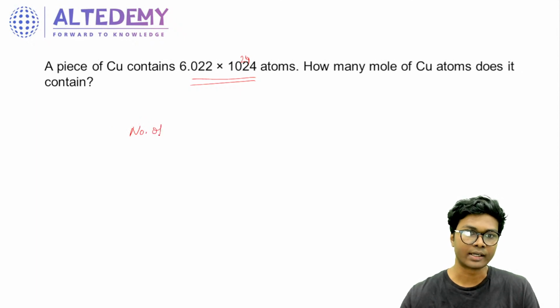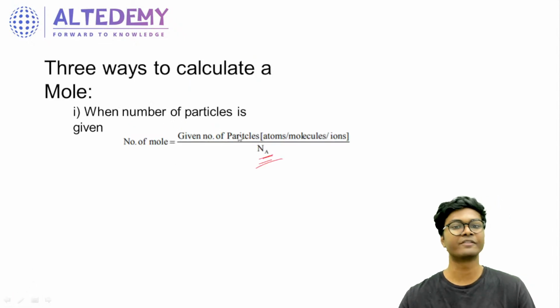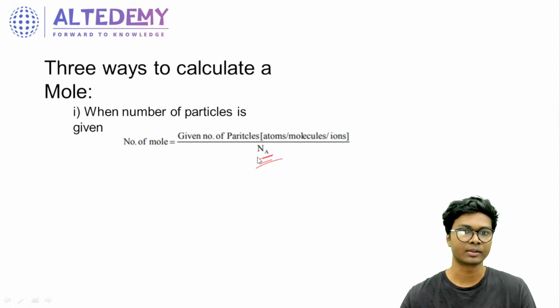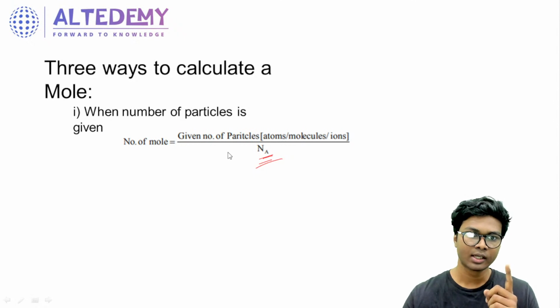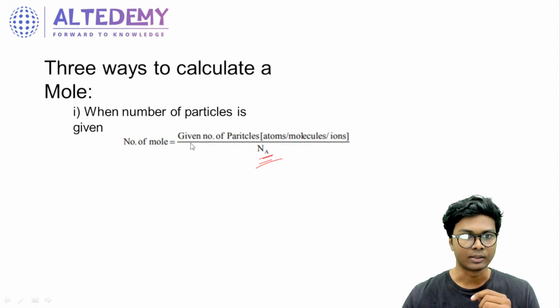So we all know that number of moles is equal to, what did we learn? Number of moles is equal to given number of particles by Avogadro number. Because earlier, when we were solving the previous question, you might remember, we were finding the number of molecules.